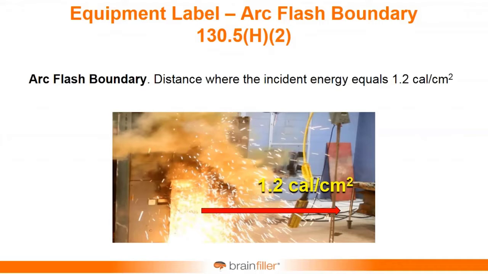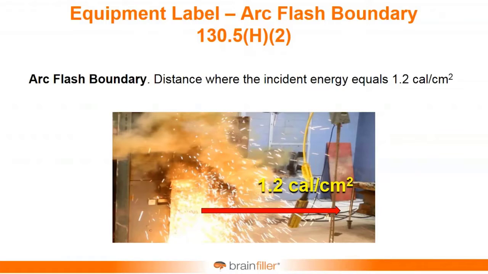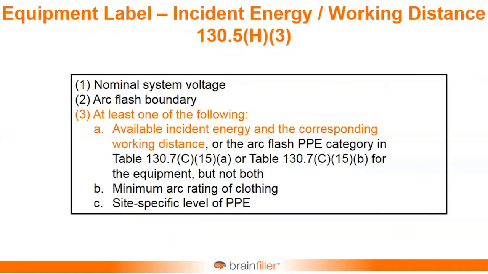Now, the 2018 edition of NFPA 70E simply stated this is 1.2 calories. There used to be a reference to the second-degree burn. Since there's discussion about that, the second-degree burn reference has been moved to an informational note. So this is simply where the energy reaches 1.2 calories per square centimeter. And the energy decreases exponentially with distance. I'll talk about that in a little bit as well.